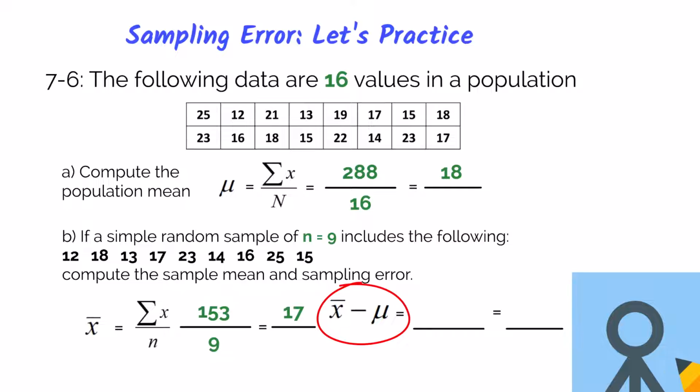It's really important that you get the order correct here. The sample mean will always be first, and then we subtract the population mean. So we take 17 minus 18, and we get negative 1. Now imagine if I go back and select a different sample, some different combination of 9 numbers, and I run it again, I'll likely get a different sample mean, and in turn, a different sampling error.